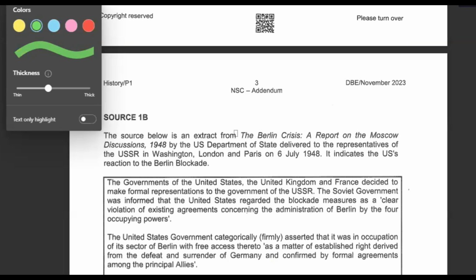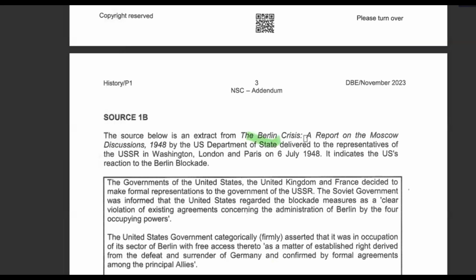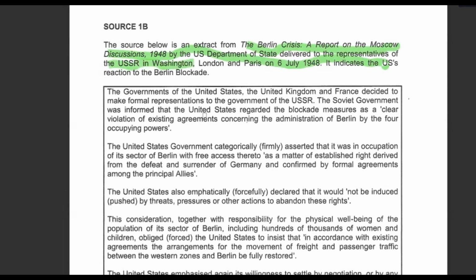So on this caption, we also need to highlight the key words. It is an extract from the report by the US Department of State delivered to the representative of the USSR. You should bear in mind that such a source, simply because it is coming from the Americans, will be written from the point of view of the Americans.